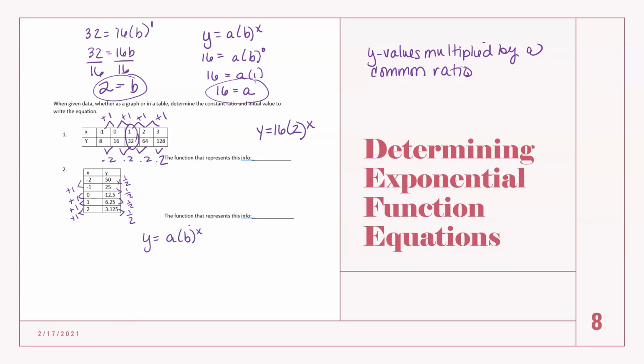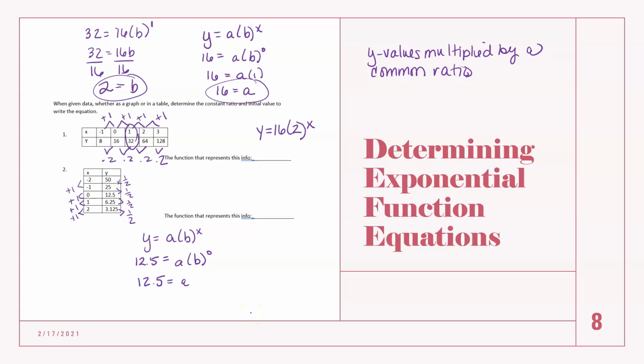And first, I am going to use 12 and a half and 0, because that 0 power makes everything 1. So I'm going to plug in 12 and a half for y, and I have b to the 0 power. So now a is 12 and a half.